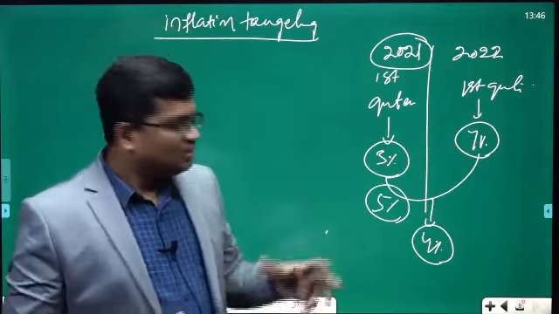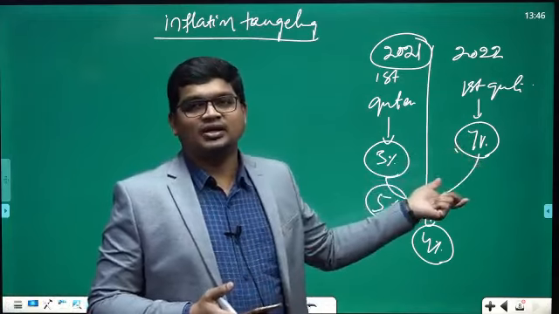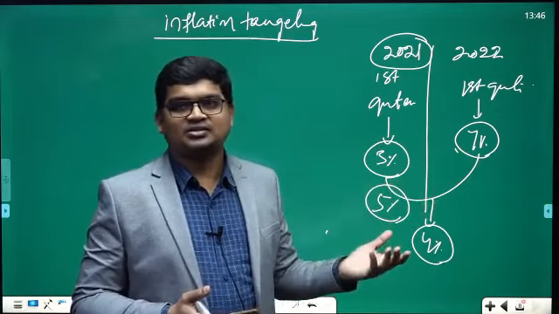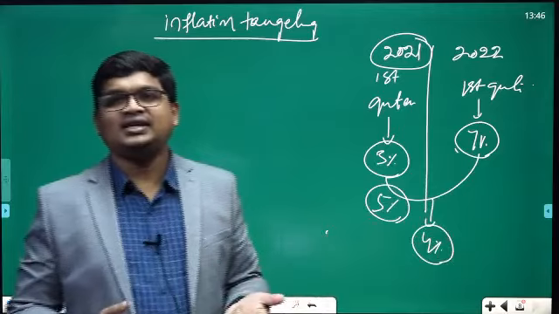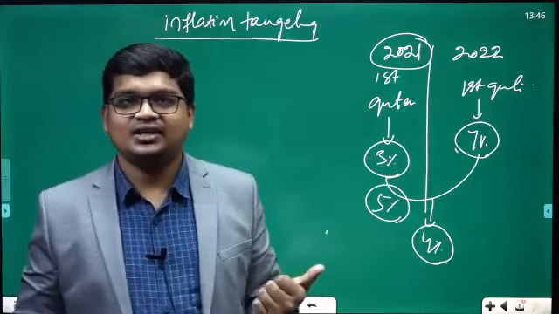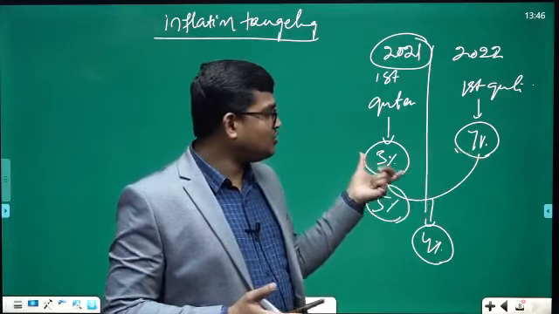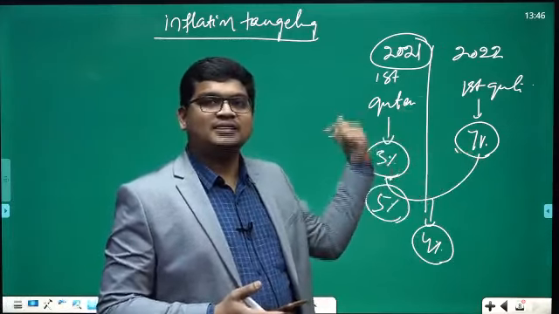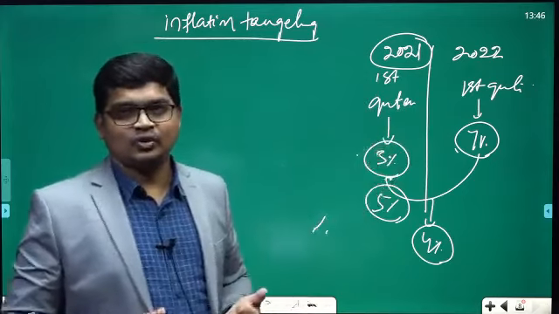Clear? Simply, if the rise is from 5% to 7%, then inflation is not that much. But when it goes from 3% to 7%, they will definitely say inflation is on a higher side. So what do policymakers say? It appears higher because the inflation rate was lower in the same corresponding period of 2021.